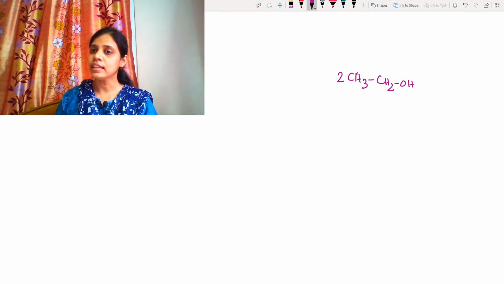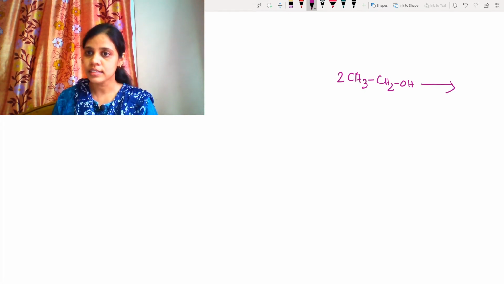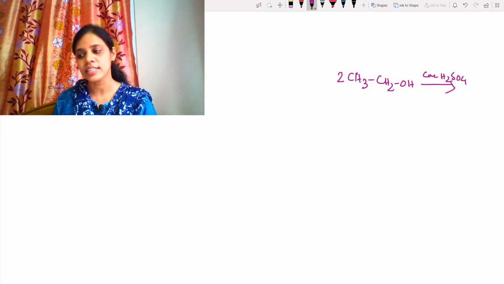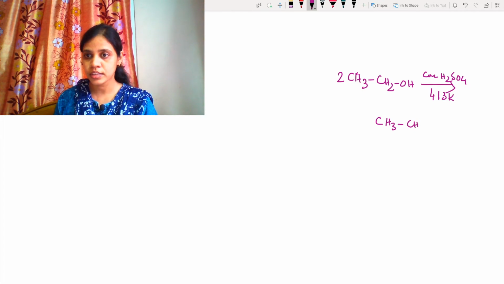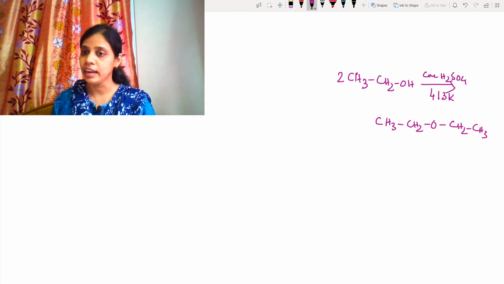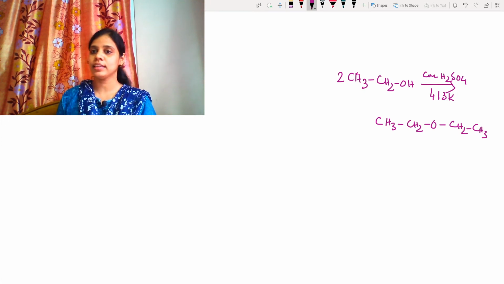When ethanol reacts with concentrated sulfuric acid, and the temperature is very important, temperature is 413 Kelvin, these two alcohol molecules react among themselves and form this ether. This is diethyl ether, CH3CH2OCH2CH3, or you can say ethoxyethane also.